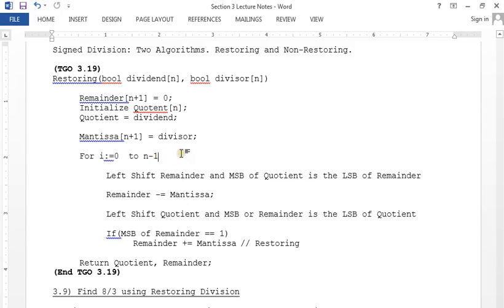So before in the signed multiplication, we had to add a 5th one to account for this. But in this algorithm, we don't have to, because it works out. So we have n minus 1. And the reason why is because of this restoring step that we do every time.